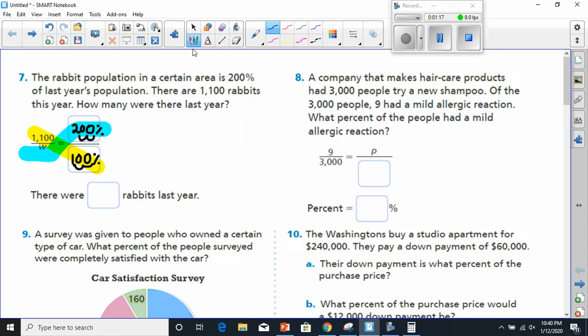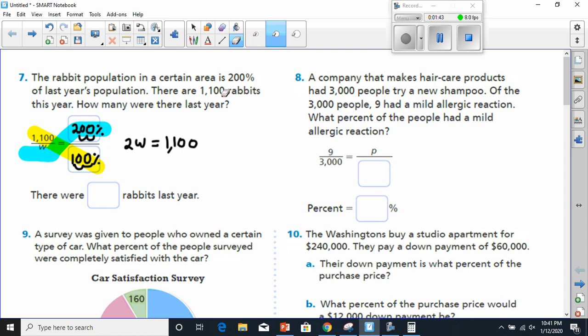So if I were to solve this one, I would say 2 times W has to equal 1,100 times 1. This is pretty easy. Anything times 1 is itself, so I'm just going to erase this.